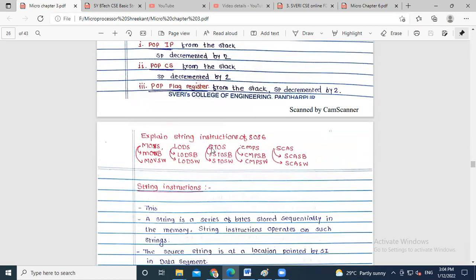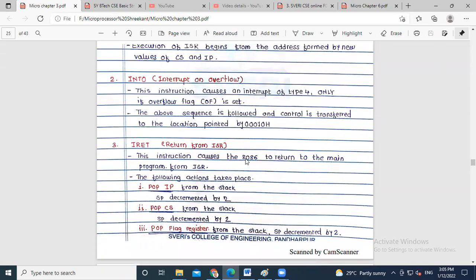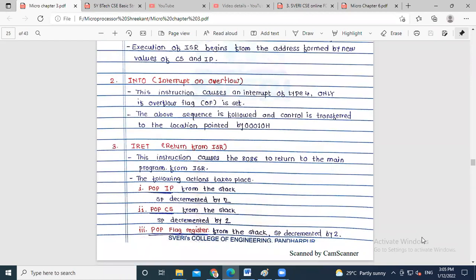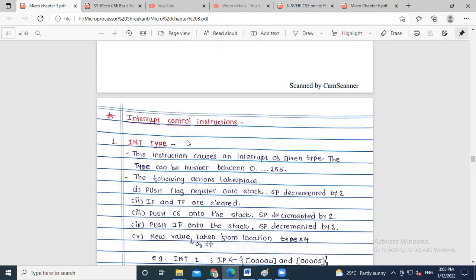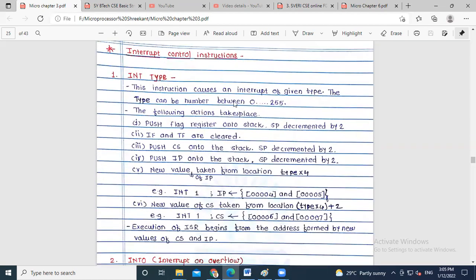After that, we will move to the string instructions once we are perfect on these. I will give you 15 to 20 minutes. Take 20 minutes to read all the instructions one by one, so you will get a clear understanding.